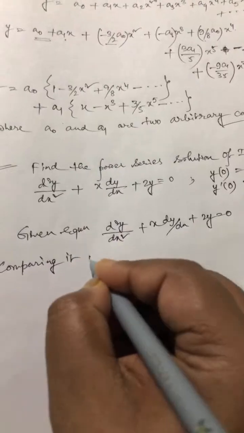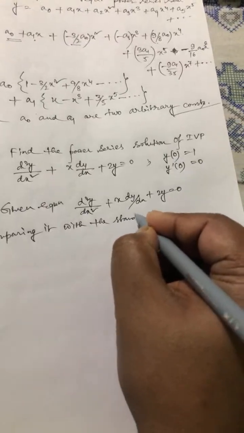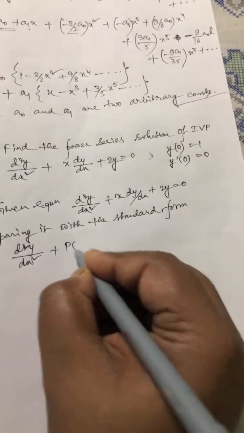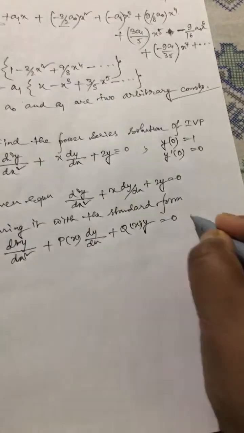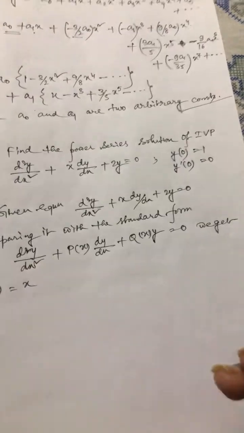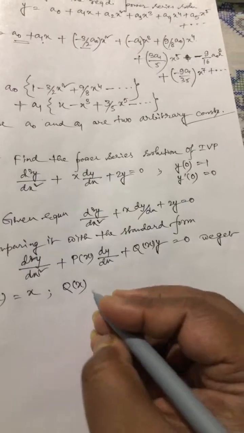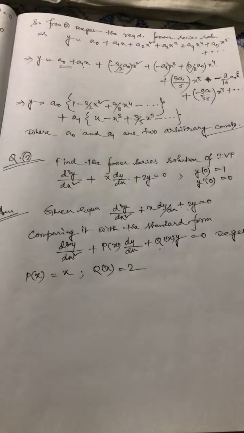Comparing it with the standard form, d2y dx2 plus px dy dx plus qxy, that is equal to 0, we get px is x, qx is 2, 2y, that's why qx is 2. Now you can easily understand, if you put x equal to 0, it has nothing to do with px and qx.